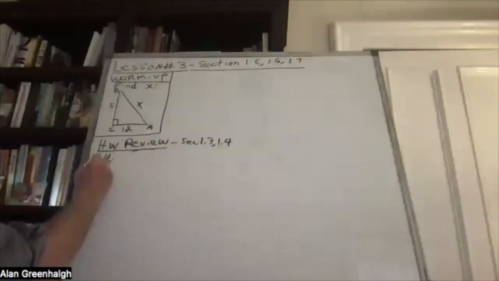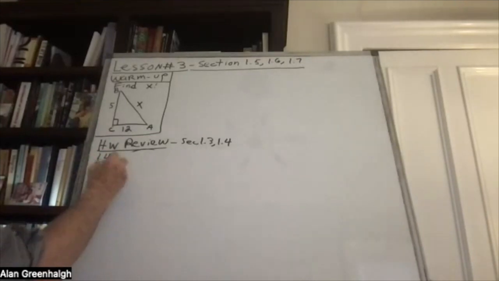Okay, and I only give you two problems. You can see on page 22, problems B and D. These are the only problems I gave you in the entire chapter.